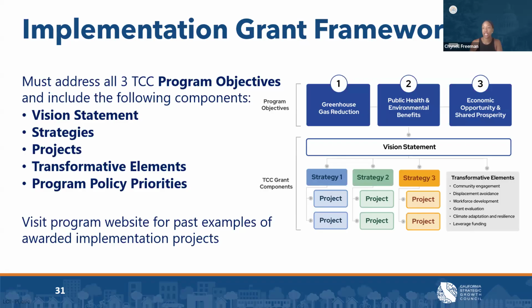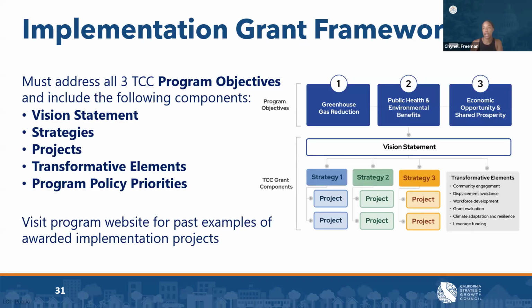TCC has 13 strategy types, which are specific action plans for community outcomes, such as transit access, solar installation, and more. Each strategy includes eligible project activities and costs that can be done within the TCC grant. We encourage you to refer to our guidelines for the full list of strategies listed in Appendix B.